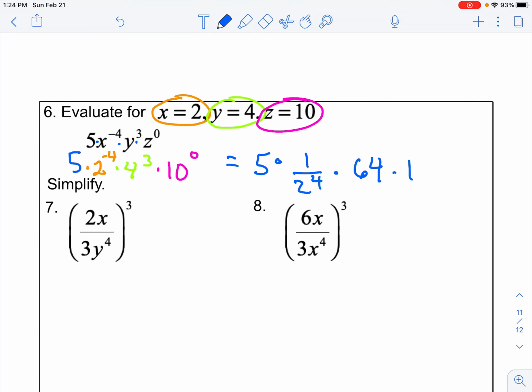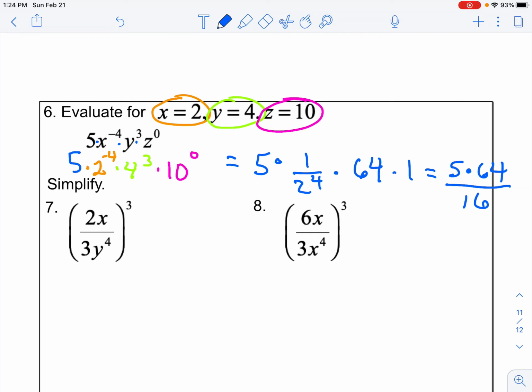So 2 to the 4th power is 2 times 2 is 4, times 2 is 8, times 2 is 16. So what I have here is 5 times 64 all over 16. Now, you can certainly just multiply these together on your calculator.